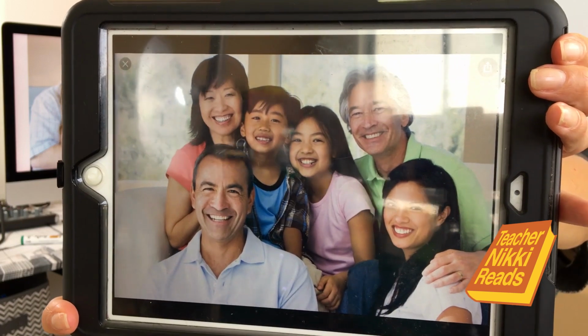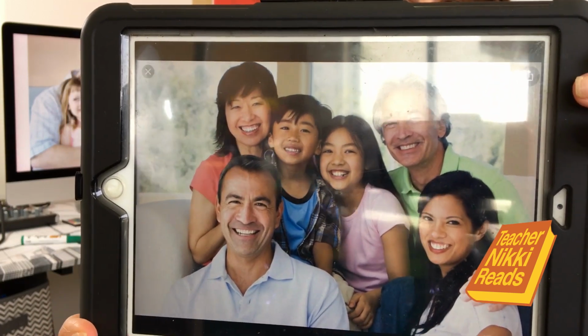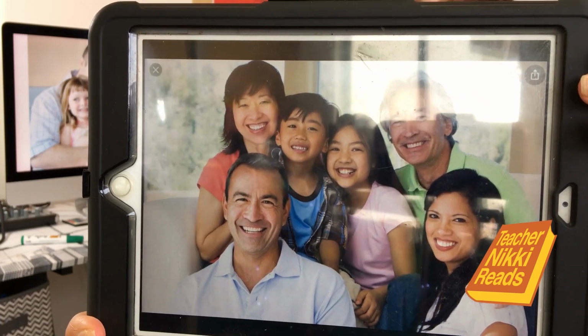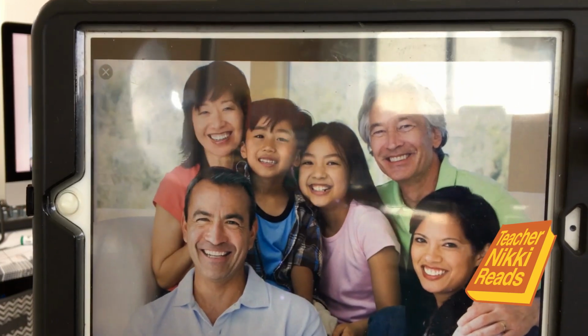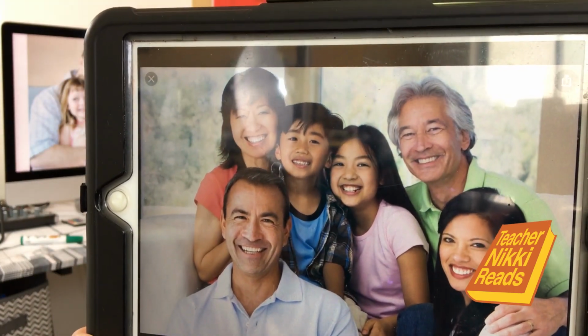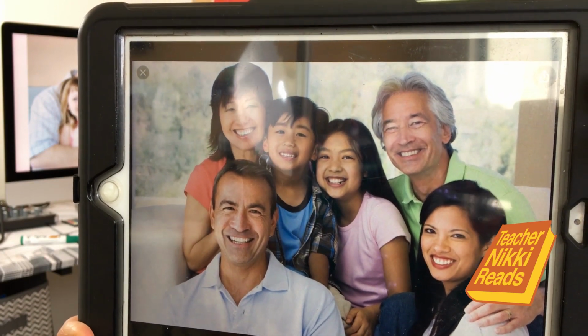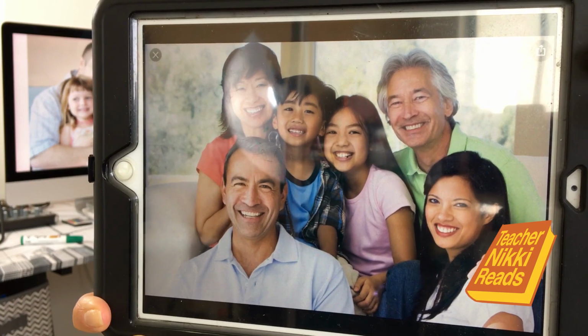Can you name all the people in this family? Point to the one that's the dad. Which one is the dad? Which one is grandpa? Good job.